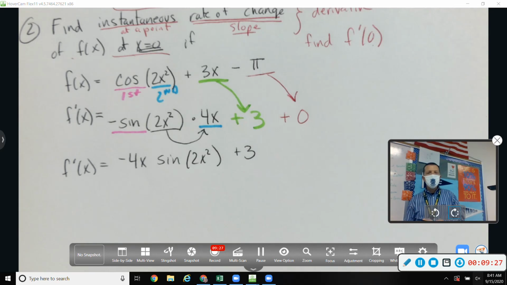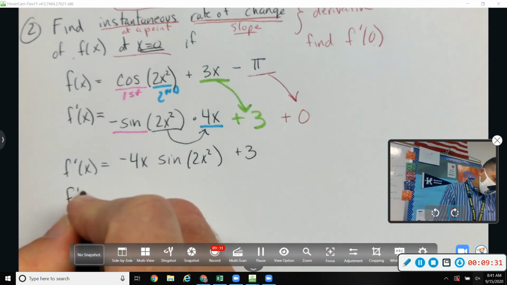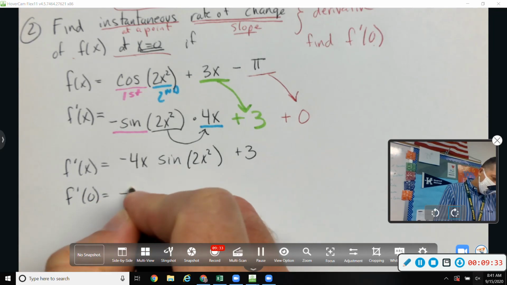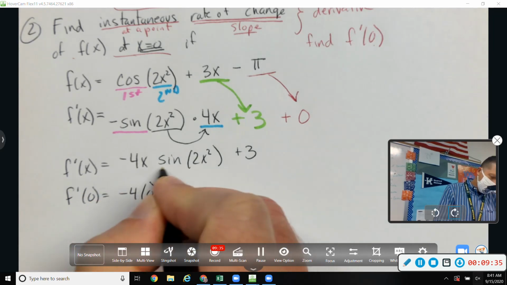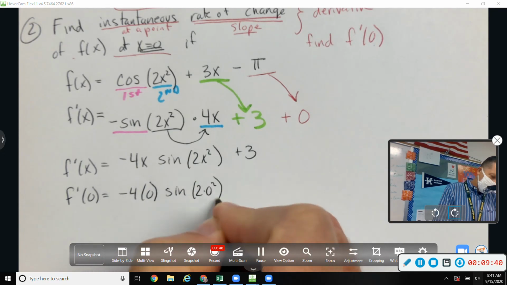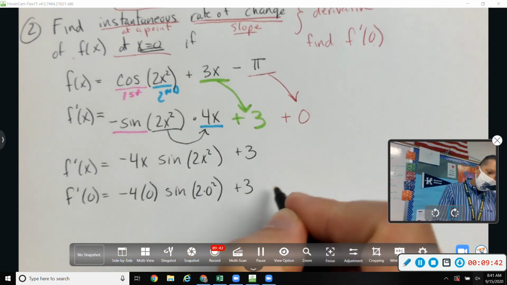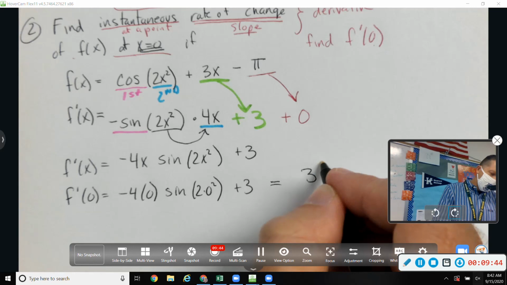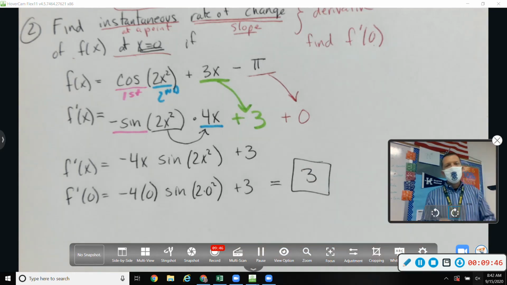Just to move things around so it looks prettier. And so at 0, negative 4 times 0, which means the rest of this doesn't really matter. Sine of 0, that's also 0. Plus 3, though. So our answer to all of that is 3.